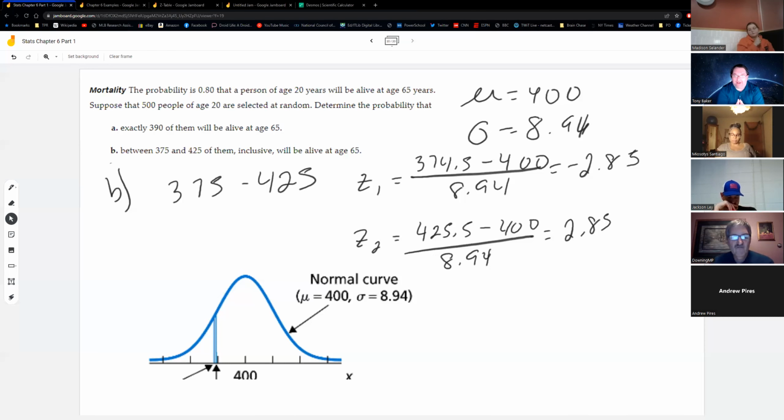So since they're exactly equidistant from the middle, my Z-scores will be the same. One will be positive, one will be negative. Because we went 25.5 on one side, 25.5 on the other side. So since I looked at that and I knew it was symmetric, I didn't have to go through and do the calculation on the second one. I just knew it was going to be the positive one. If they're not symmetric, so say it was 375 to 410, that wouldn't work. You could not do that. So just keep that in mind.